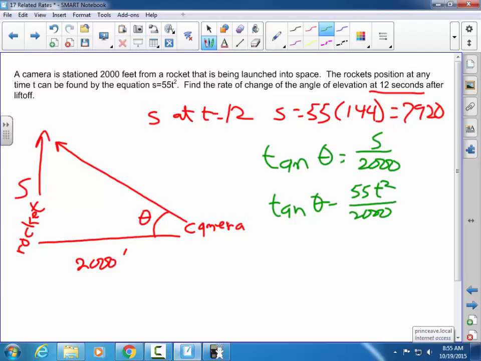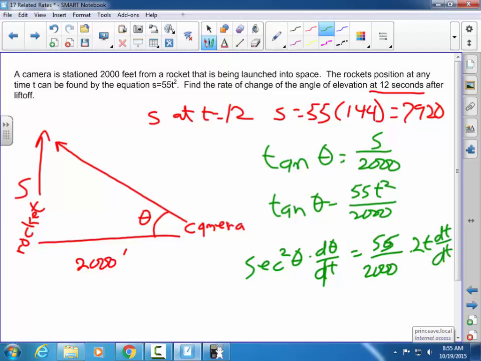What's the derivative of tan theta? Secant squared theta times d theta over dt equals 55 over 2,000 times 2t dt over dt. So 2t times 1. Are y'all okay with that? That dt over dt is just going to be 1, right?